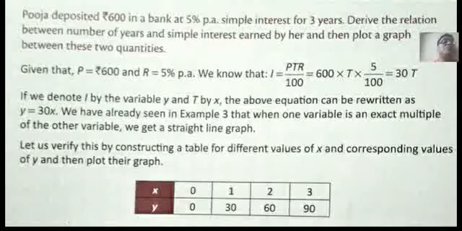I is equal to 600 into T into 5 into 1 by 100. So you got 30T, therefore I is equal to 30T.